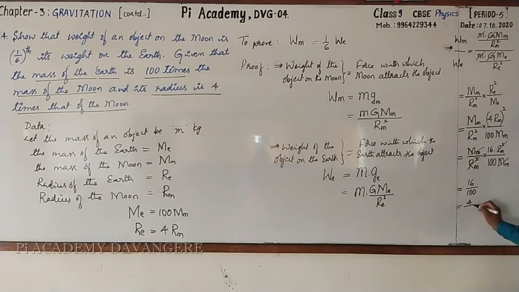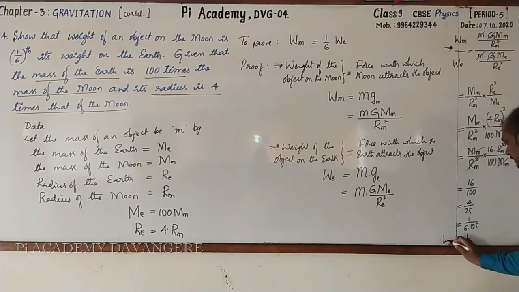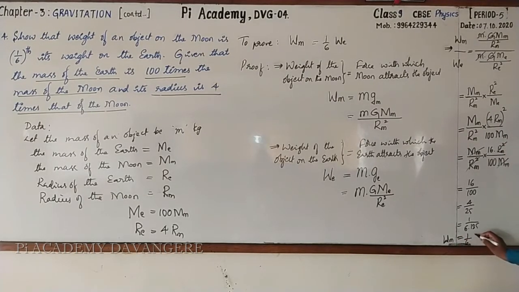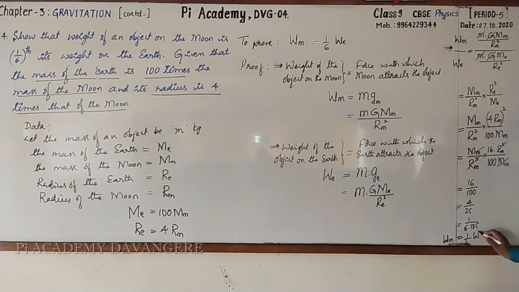4 4s are, then 4 25s are. It is 4 1s are, 4 6s are, 1s are, 2s are, 5s are. Approximately it can be written as 1 by 6. That is, the weight of the object on the moon is 1/6 the weight of the same object on the surface of the earth.